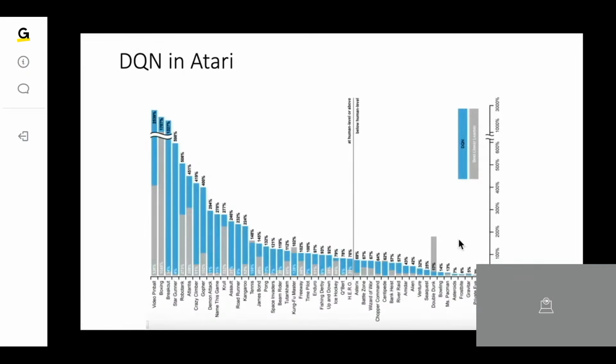Again, this may not be very clear, but on the x-axis we have these different games, and on the left side of this line there is a bunch of games on which the agent achieved human level performance. So this agent learned to even play better than an expert human.